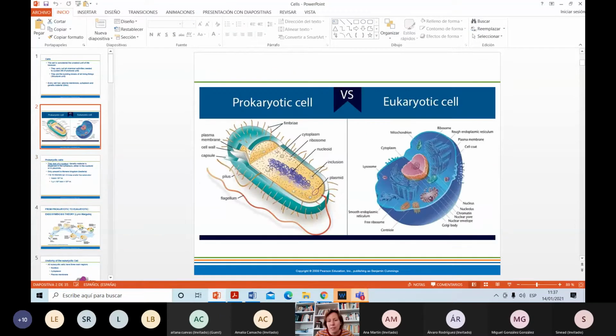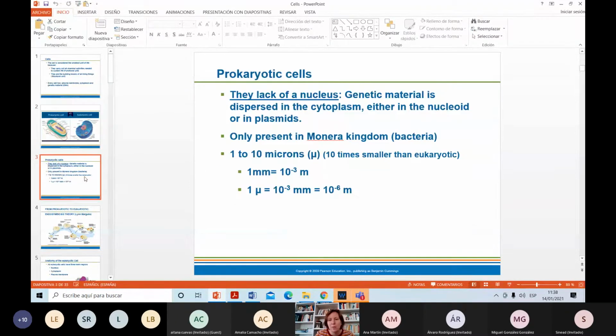Remember, most of the DNA is here in the nucleoid, but scientists have discovered that some bacteria, not all of them, have this plasmid, maybe 1, 2, even 3 plasmids that have this circular shape, and they contain some DNA. The scientists related them especially with resistant bacteria, those that are difficult to be killed with antibiotics.